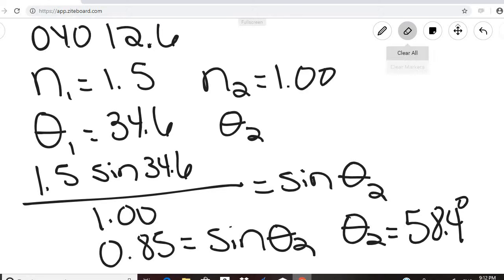Okay, so that's the application of Snell's law. There's some of those in the back of your book, or in the back of the module, that you can work on as well.